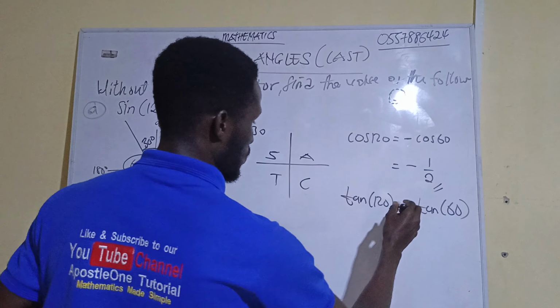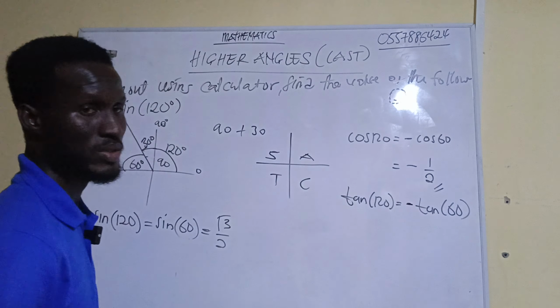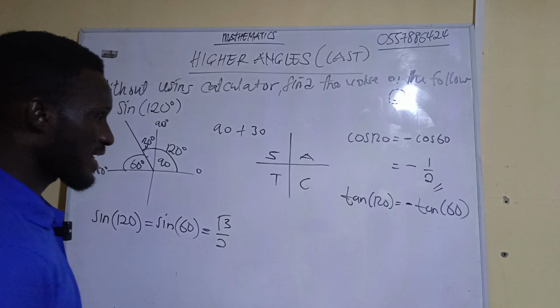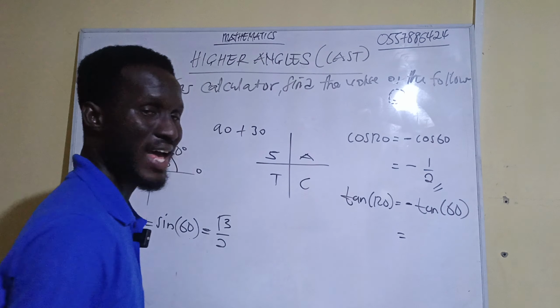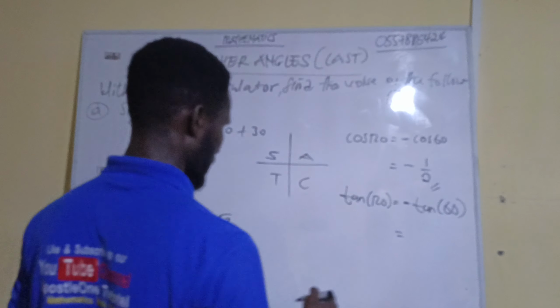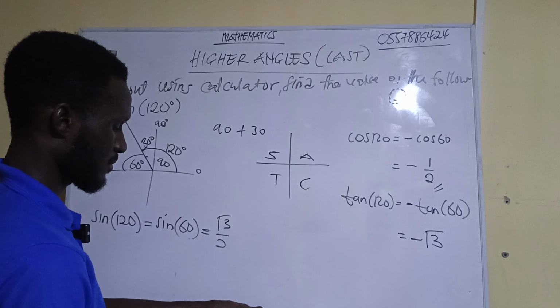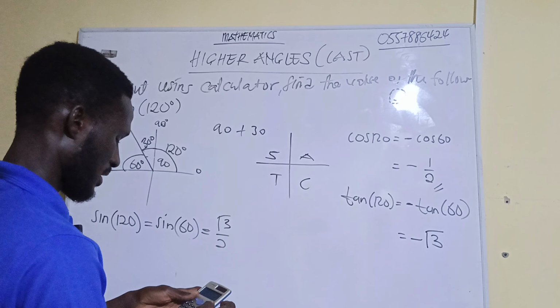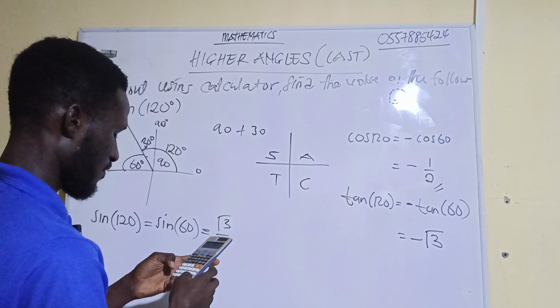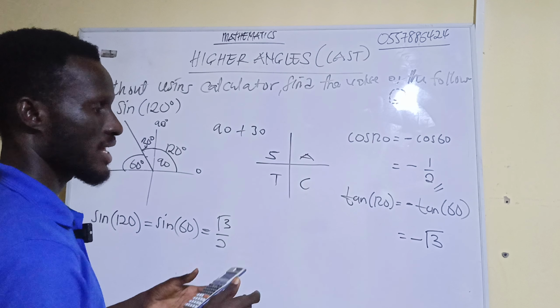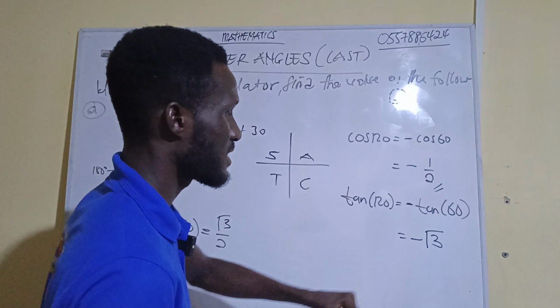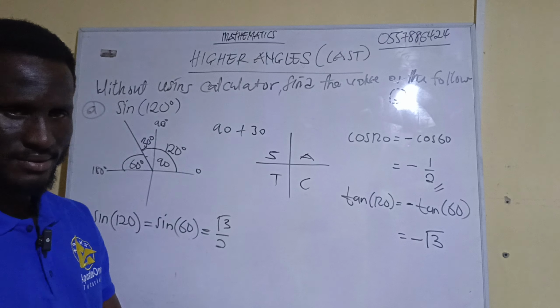So I need to negate it. Then what is tan 60? Tan 60 is root 3, right? So I'm going to get negative root 3. You can confirm from here: tan 60 is root 3. So negative root 3.